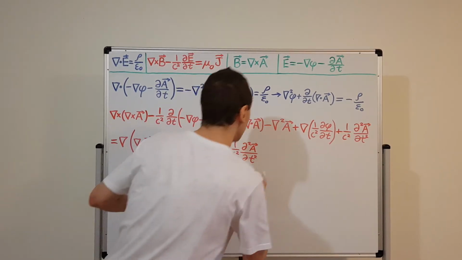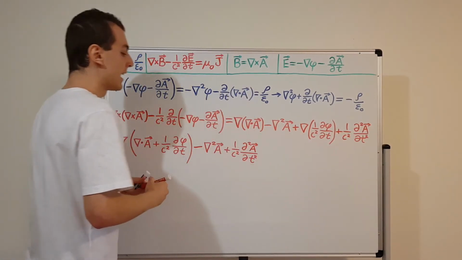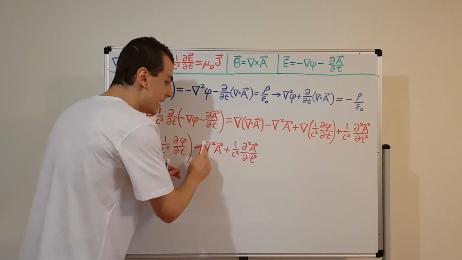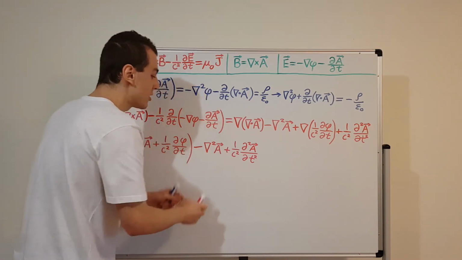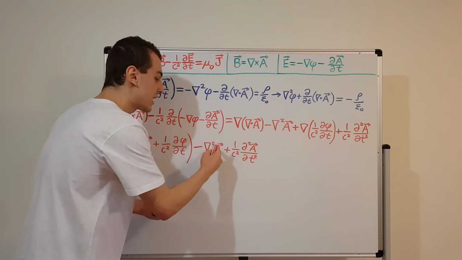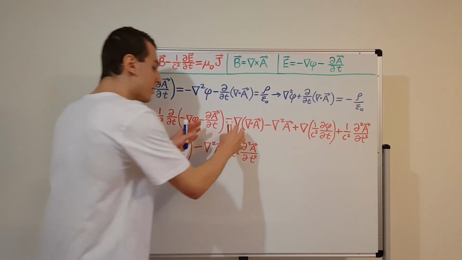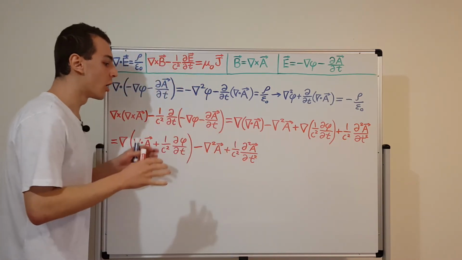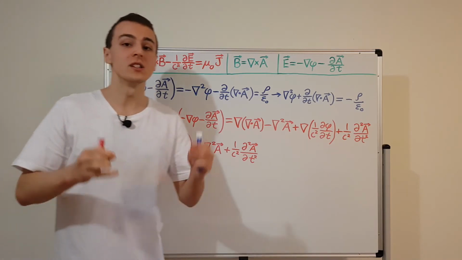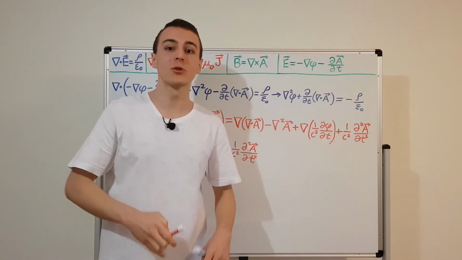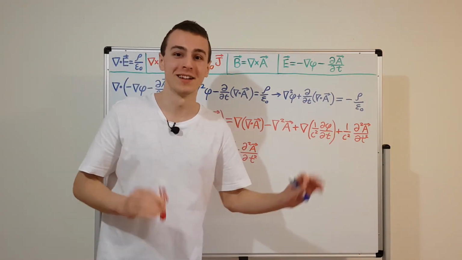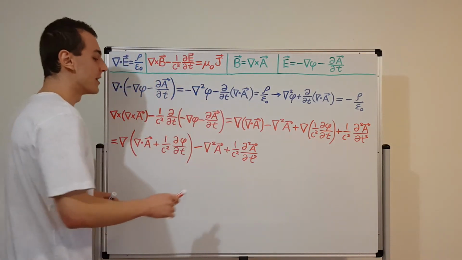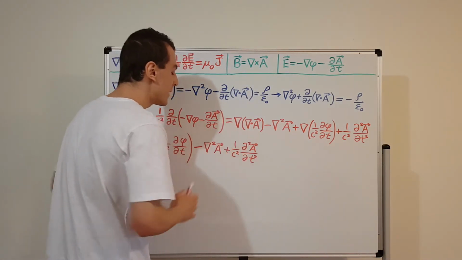And one important thing I want to stress about this is that you have a Laplacian, and this is actually telling you that you have spatial derivatives. And these are second order spatial derivatives. So you can combine this together into a single operator. And that is called the D'Alembert operator, or sometimes it's called the D'Alembertian. So it's a bit of a difficult word to pronounce, but this is the D'Alembert operator. We can group that together.